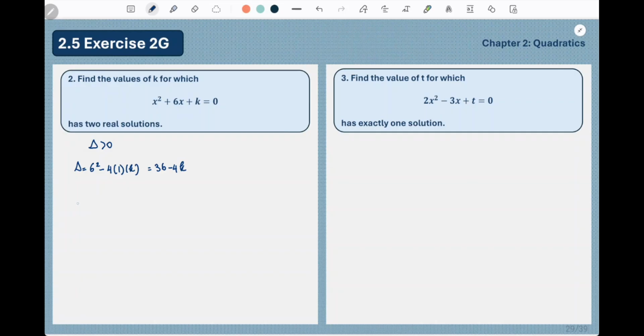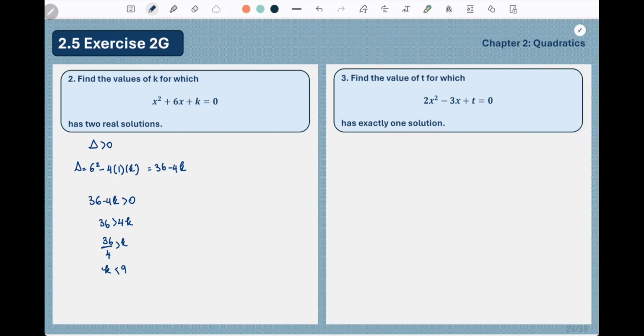So we solve for delta more than 0, that is 36 minus 4k more than 0. 36 is more than 4k. k is then less than 9 because 36 is 9 times 4. Here I'm just flipping it, so it's the same thing. So the values for which the equation has two real solutions are k less than 9.